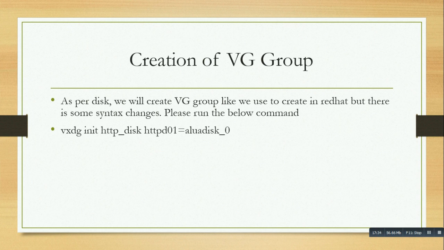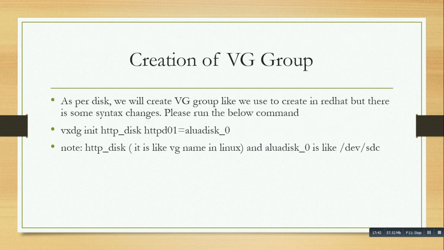And what is next? It would be very hard to recognize disk names like disk_0, so I'm giving an alias name to this, http_d01, so you can recognize it easily that this is http disk 1. Later we can add 2, 3, whatever you want. So we have to run this command, and after that, like we check vgdisplay, here also we can run vxdg list.